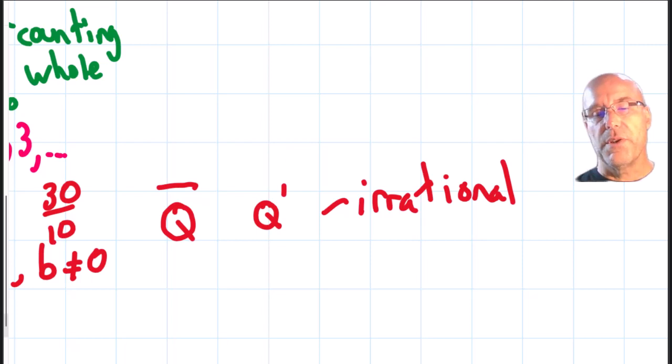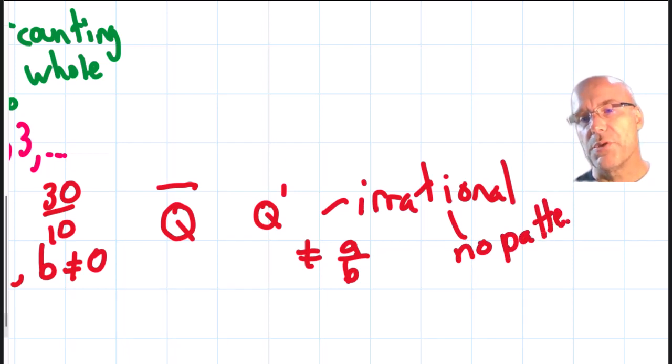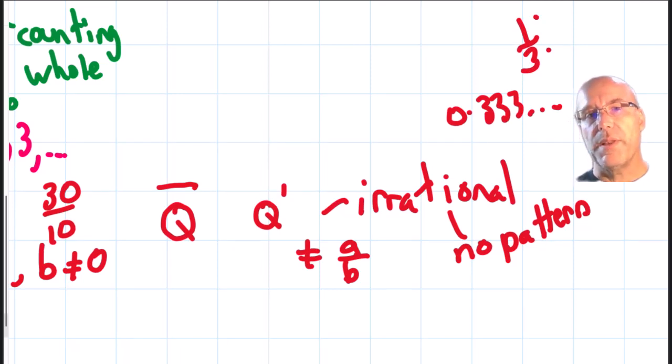Okay, so that means it can't be expressed as A over B. Irrational numbers are non-terminating and there's no discernible pattern. Something can be non-terminating, like 0.3 recurring, which is a third, but that's rational because you've got integer over integer. This one's got no pattern. More about that in a future video anyway, so rational or irrational.